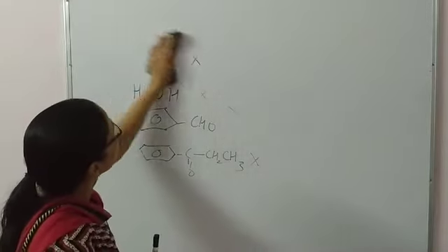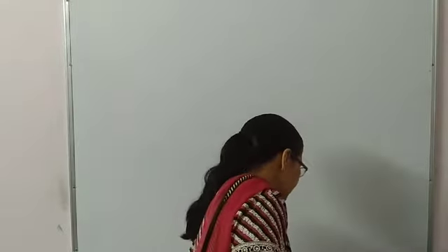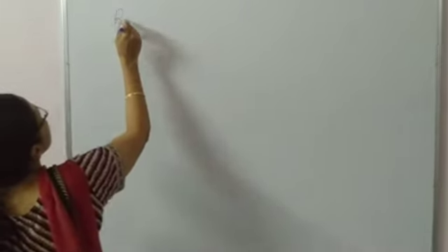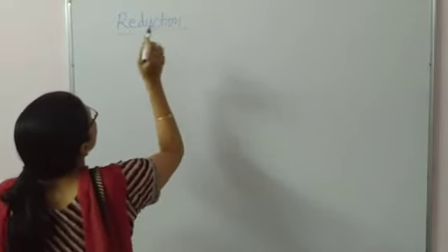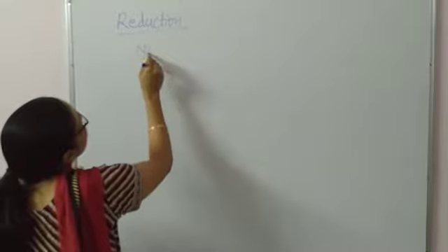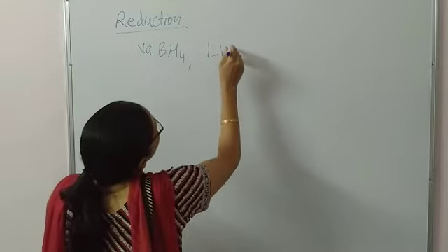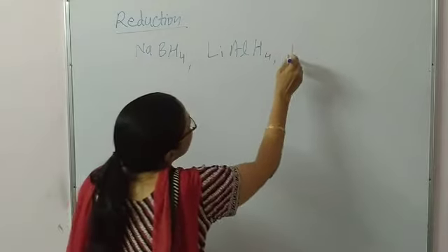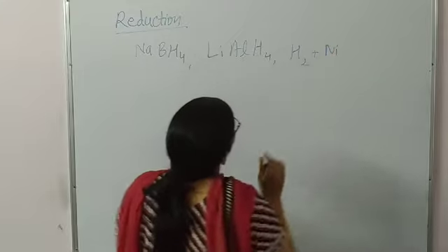Now next in the row is the reduction reaction. First I am writing the reducing agents' names. So the reducing agents are NaBH4, then lithium aluminium hydride, then H2 in presence of nickel or platinum.